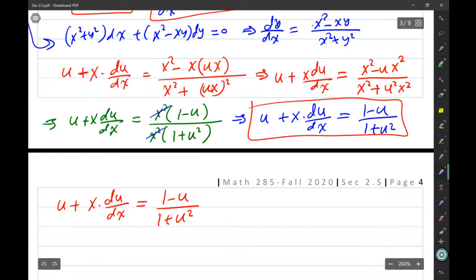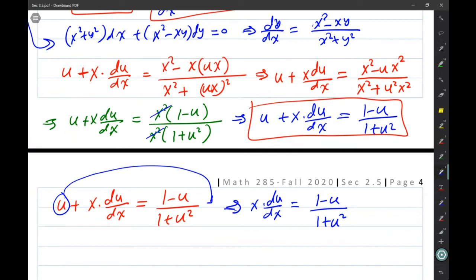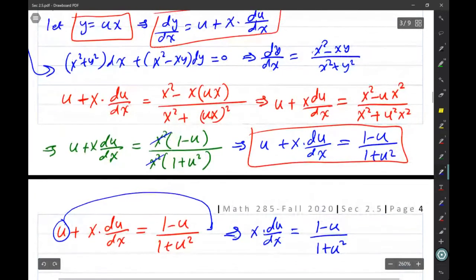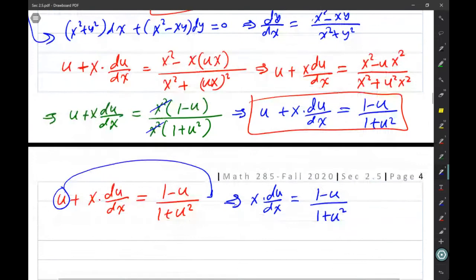You will take u to the other side. This becomes x times du over dx equals 1 minus u divided by 1 plus u square. Is it clear here?